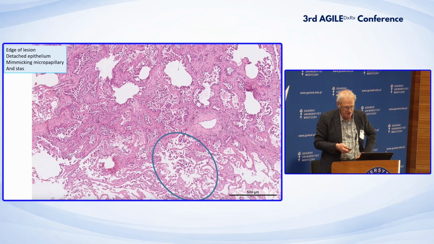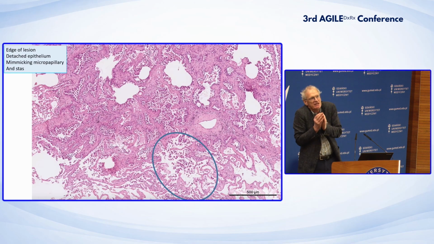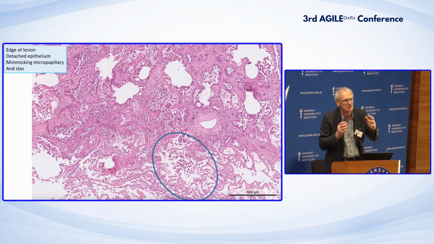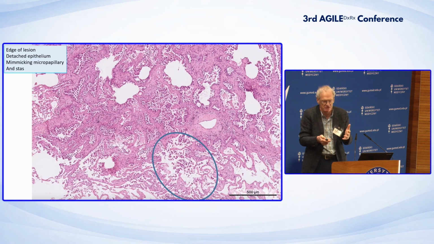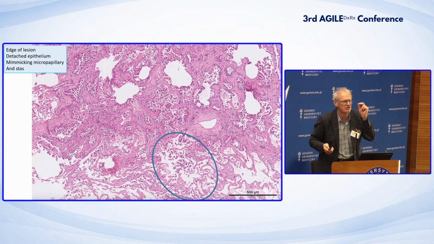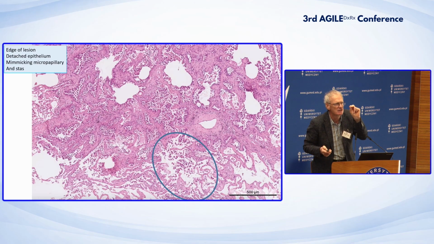And here you can see adenocarcinoma in situ, but by the delay in fixation, the epithelial cells get detached from the walls, from their positions, so they look like micropapillary or accumulate in the lumen, and then you get an impression like it might be solid or micropapillary, and even spreading around by some manipulation. Tumor cells have the consistency of a raw egg, but then without a hard shell.